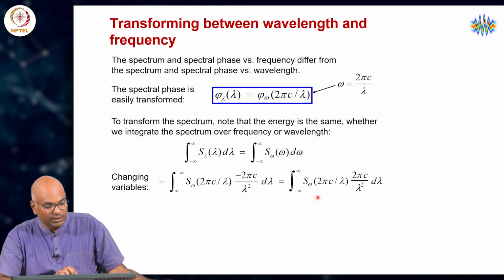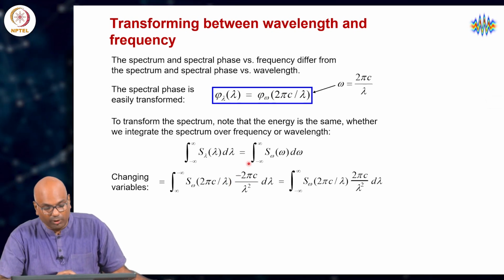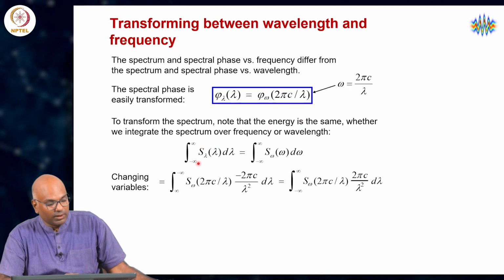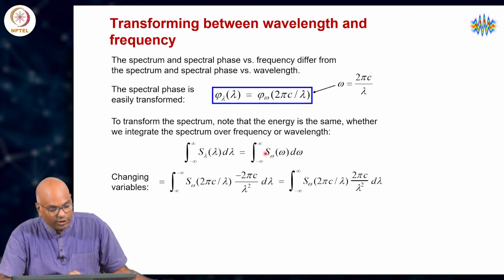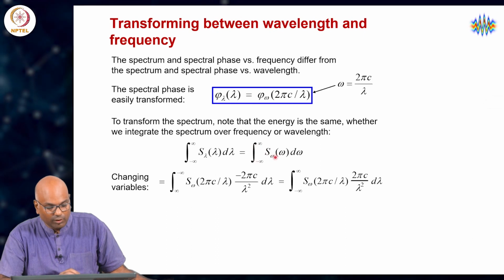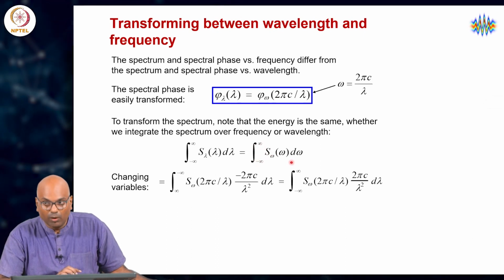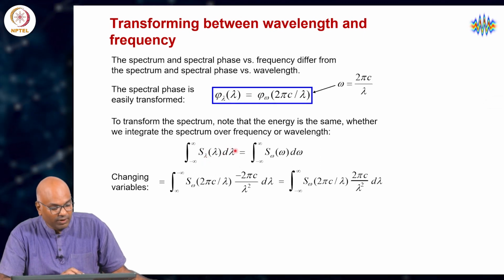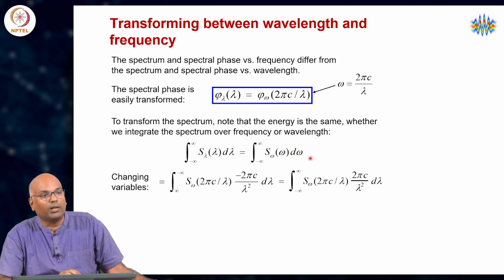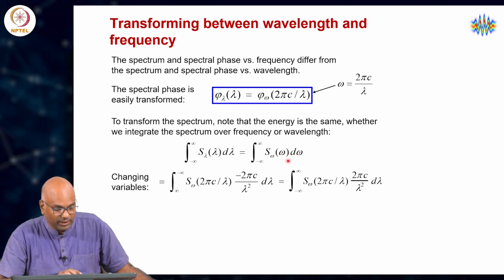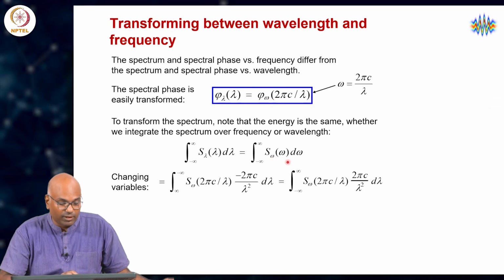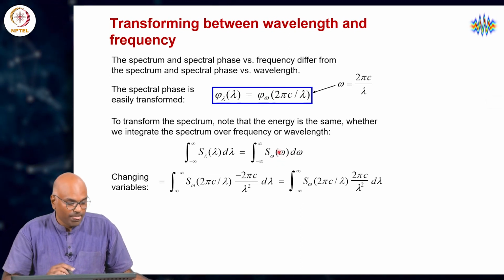So, the change of variables can easily be done, and you can at any point of time recall this by asserting the fact that the energy is the same when integrated over the spectrum, whether the calculation of this spectral energy is done in terms of the angular frequency omega, that is the integral over omega from minus infinity to plus infinity, or in the wavelength domain, that is lambda from negative to positive extreme values, negatives and positives here again coming owing to the fact that we may have chosen to describe the electric field in such a way that some energy is also distributed on the negative side owing to mathematical processes.